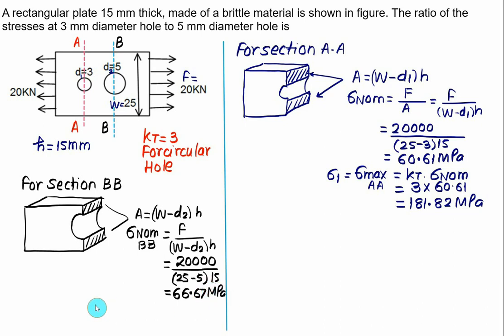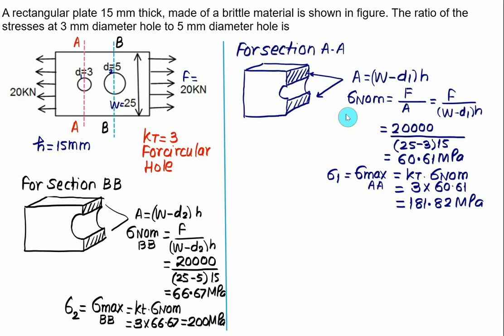Corresponding maximum stress produced at section BB will be equal to kT multiplied by sigma nominal, which is equal to 3 multiplied by 66.67. Let's call this value sigma 2. 3 multiplied by 66.67 is close to 200 megapascal.